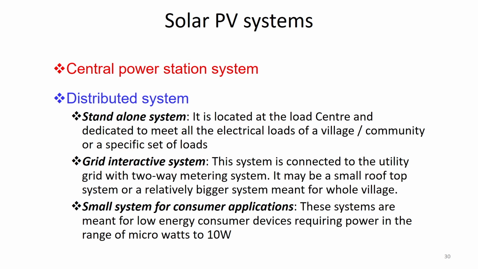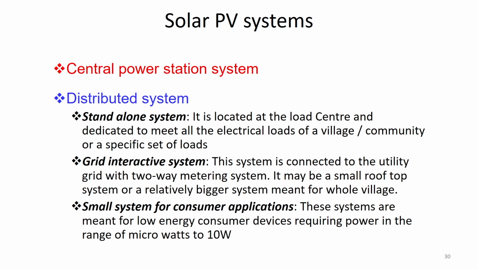So, under distributed systems we will have standalone system, grid interactive systems and small system for consumer applications. So, standalone system may be street light or maybe small electrical requirements, and for grid interactive system the system is connected to the utility grid with two-way metering system, and it may be a small rooftop system or a relatively bigger system meant for whole village.